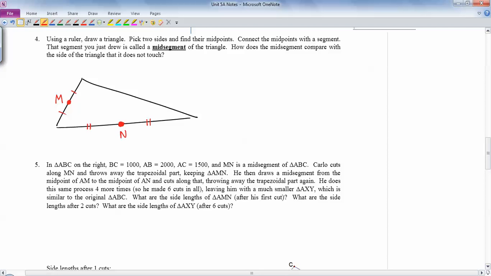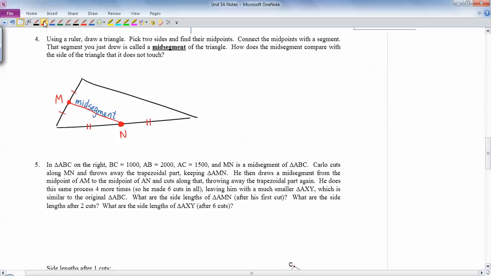And then we're going to connect. And that thing where I connect them is called the mid-segment of the triangle. And the question is, how does this mid-segment compare to this side of the triangle, the side it doesn't touch?